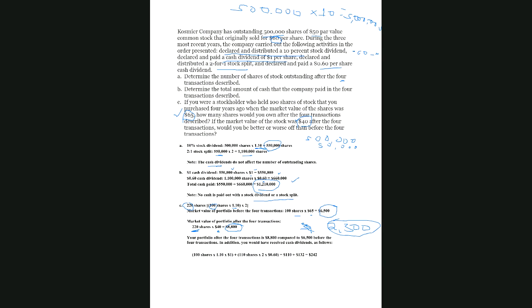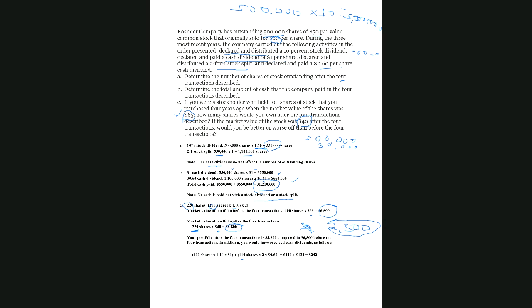Remember that in addition, why else does an individual buy shares of stock? For cash dividends. Remember that you also received a dividend of 10% of the original 100 shares that you owned, plus you also earned a cash dividend on the 110 shares that you owned after the stock dividend. So how much cash have you received?